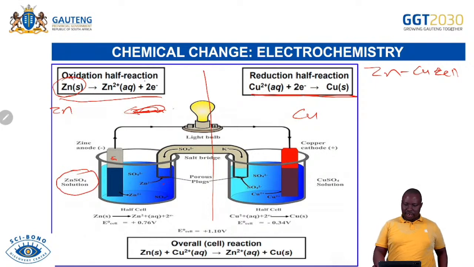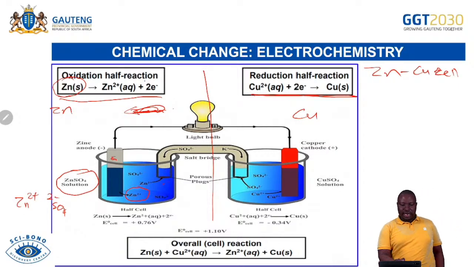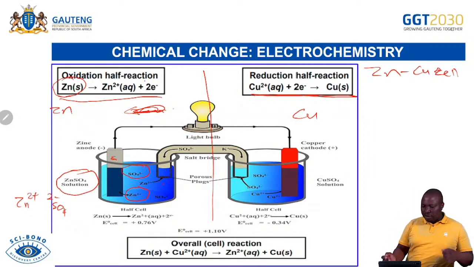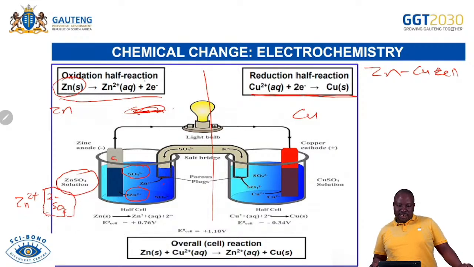What is of importance here is for you to understand that a sulfate is SO4 2-. That shows that zinc is zinc 2+. Hence here you will see we've indicated zinc as Zn 2+ and sulfate as SO4 2-. Remember, this sulfate is your spectator ion. The zinc 2+ is the one that we are mostly interested in.